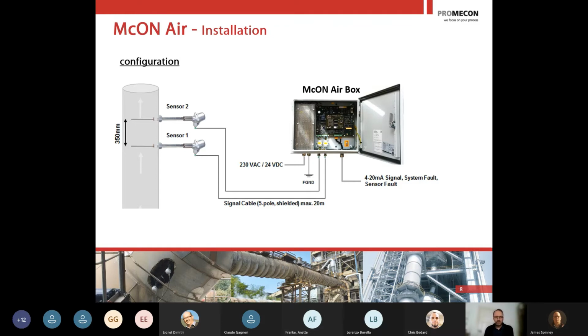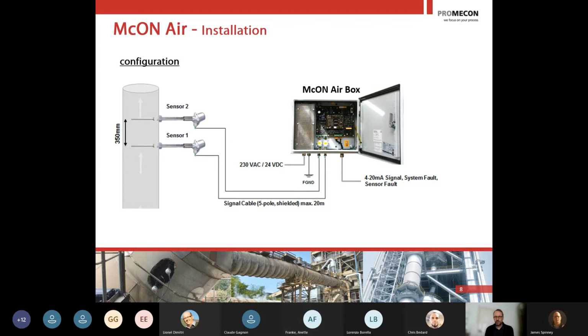Then we have the two sensors connected to the Mechon Air box with a 5-pole shielded cable. The maximum distance here is 20 meters, could be extended up to 50 meters, but usually with a single channel Mechon Air box, you can always find a good place in the area of the measurement.